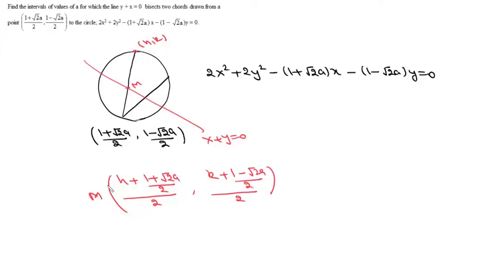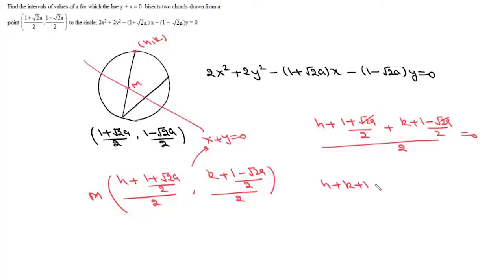And this point M will lie on this line x plus y equals 0. So we can write h plus (1 plus root 2a) by 2 plus k plus (1 minus root 2a) by 2, upon 2, equal to 0. Now this root 2a will cancel. So we get h plus k plus 1 equals 0.